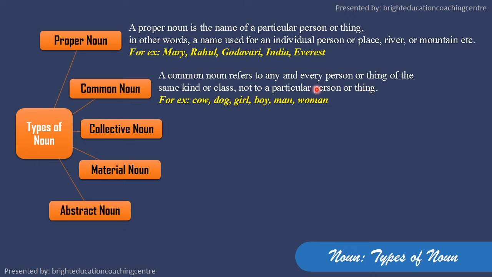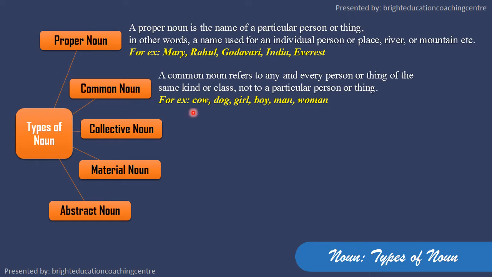It means we cannot say Mary or Rahul is a common noun because it refers to a particular person. If it belongs to a particular person or thing, then we will consider it as a proper noun. But since it's not, we will say that it will be considered as a common noun.